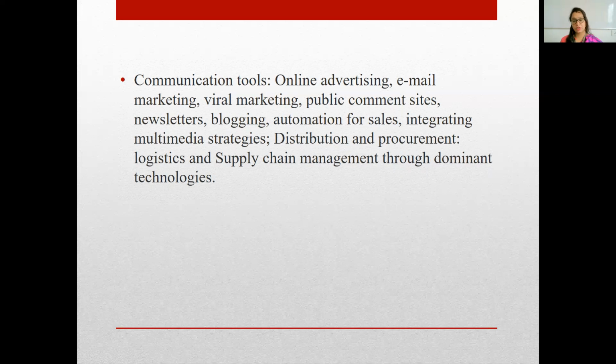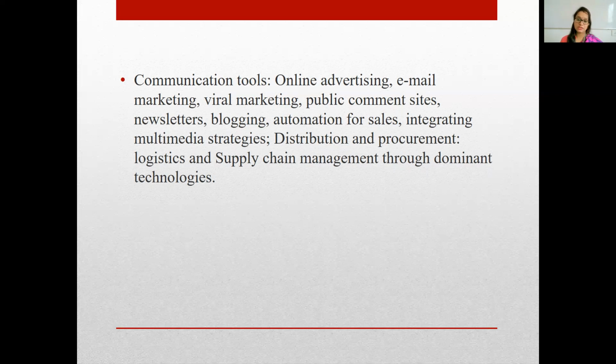Communication tools, trying to cover what is online advertisement, email marketing, viral marketing, public comment sites, newsletter, what is blogging, automation for sales. There are different other tools that a company can adopt. So we are going to make our students familiar with the tools that are being required.